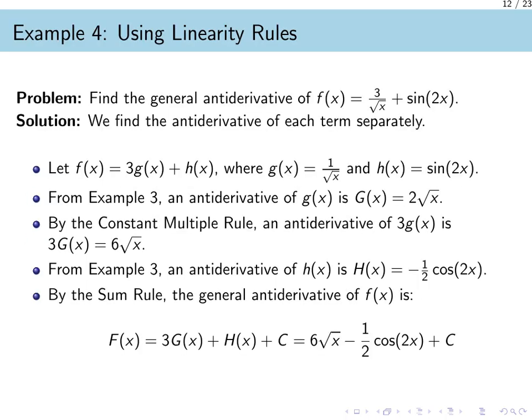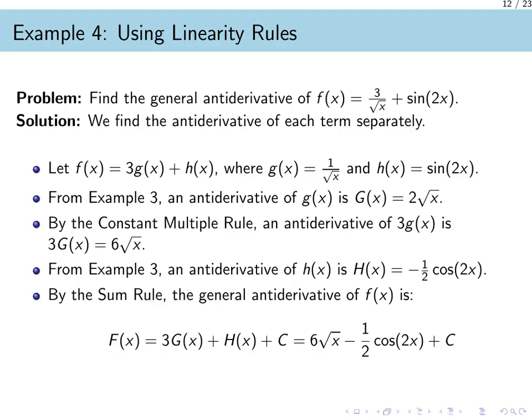We can now combine our basic antiderivative formulas to solve more complex problems using linearity rules. These rules simply state that we can find the antiderivative of a function piece by piece, handling sums and constant multiples separately. For our example, the function is 3 times the square root of x plus the sine of 2x.